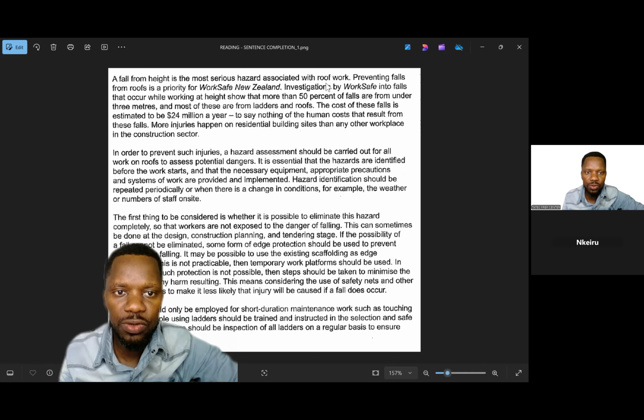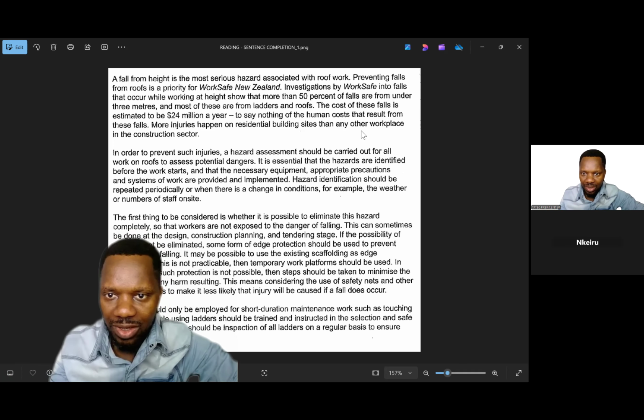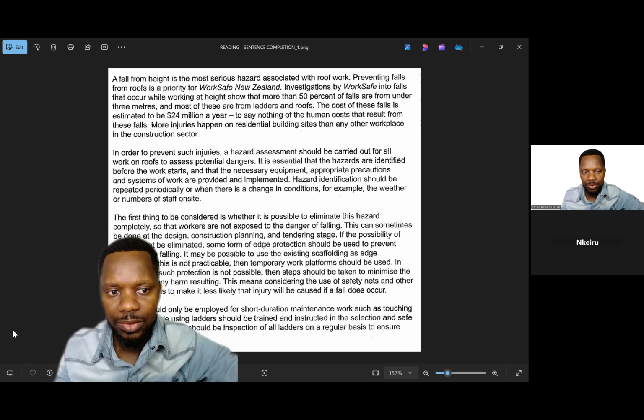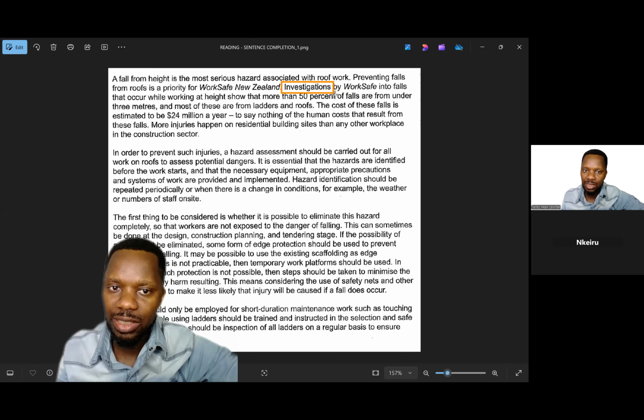Preventing falls from roofs is a priority for WorkSafe New Zealand. Investigations by WorkSafe into falls that occur while working at height show that. Now, if you look at this point, you would see that there's something about investigation. So this is where your interest will begin to come in. From here, anything you are looking for will definitely give you an answer.